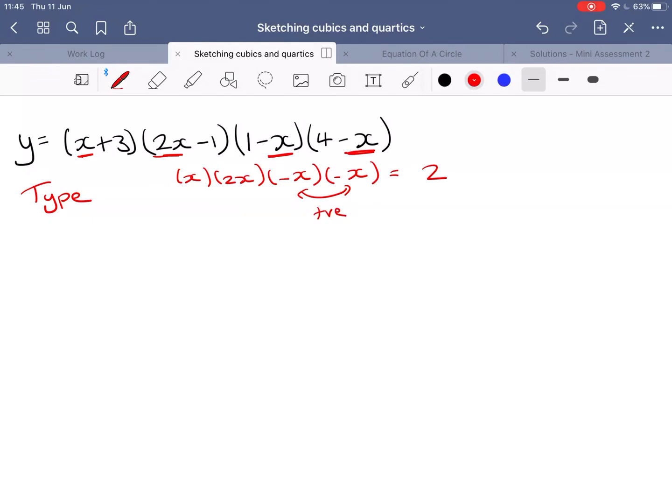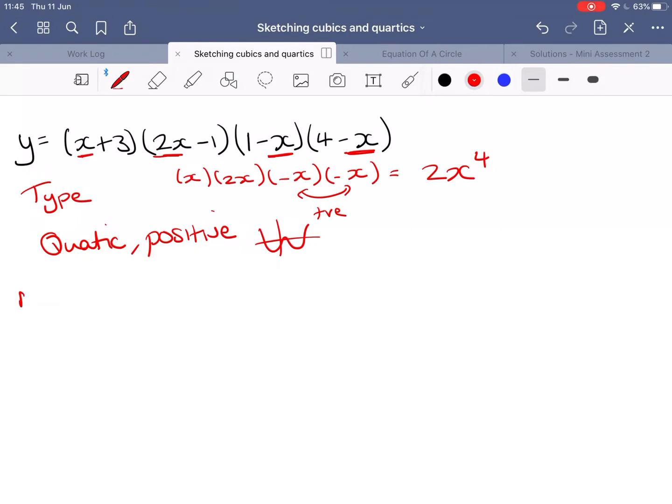So all of this is going to be positive. And so it's going to be 2x to the power of 4. So my type is a quartic, and it's a positive quartic. So what does that look like? It looks like that. Okay, so it starts in the top left, wibbly wibbly wobbly, finishes in the top right.